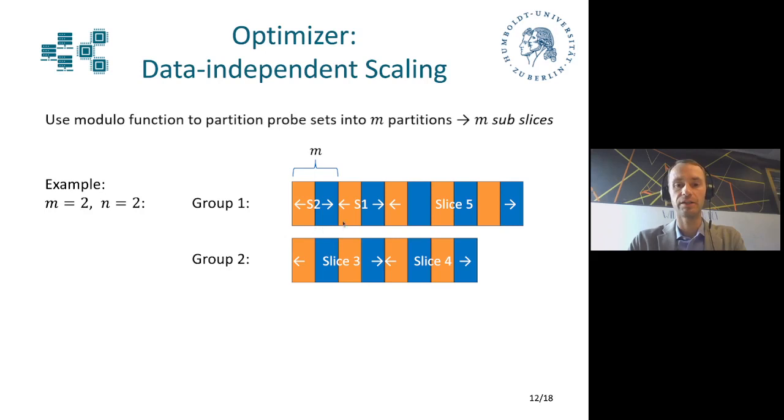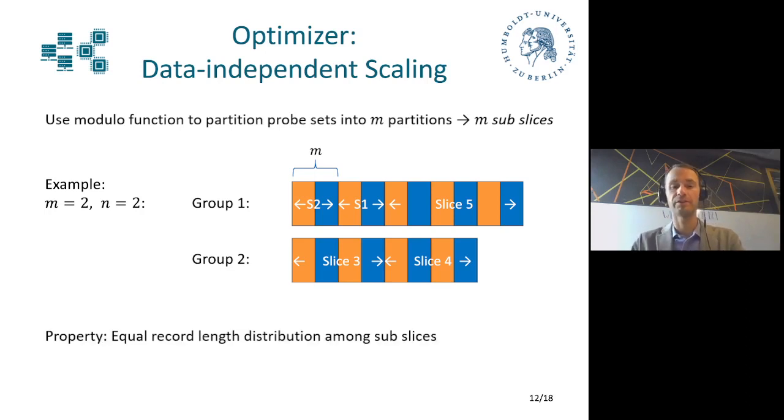Each square which was in here before we divide by m, so in this case it's 2, and we get these sub-slices. So group 1 actually has group 1 orange here and group 1 blue, and group 2 is also divided in the same fashion. An important property here is that we distribute the record lengths evenly amongst these sub-slices.